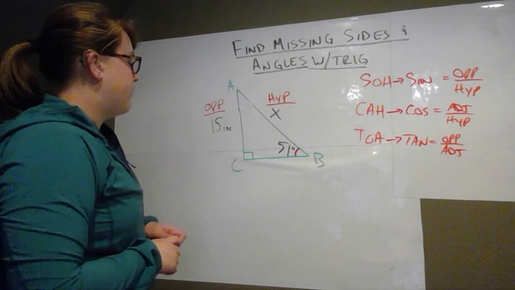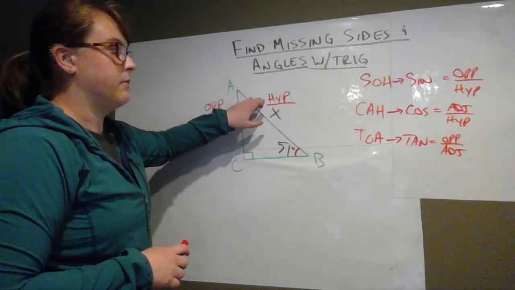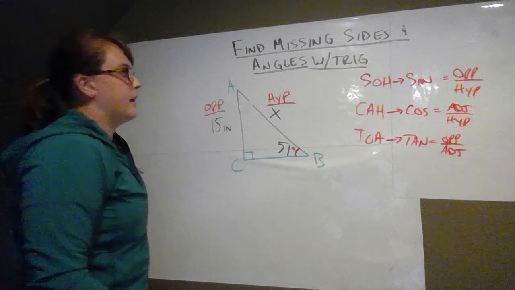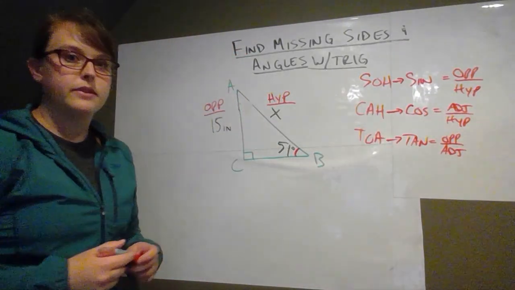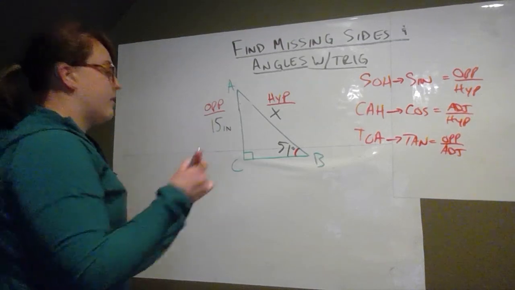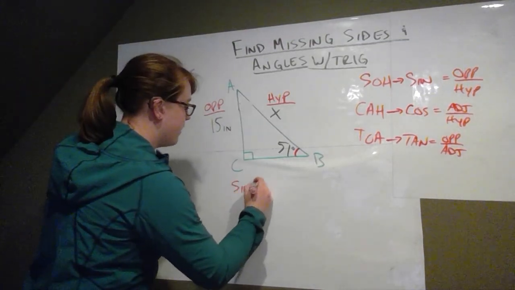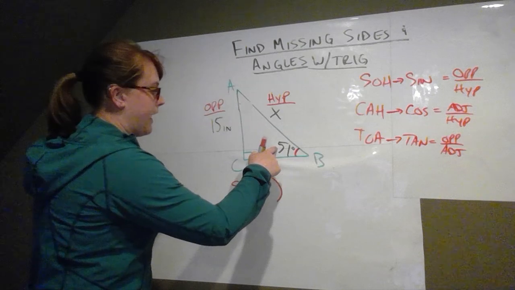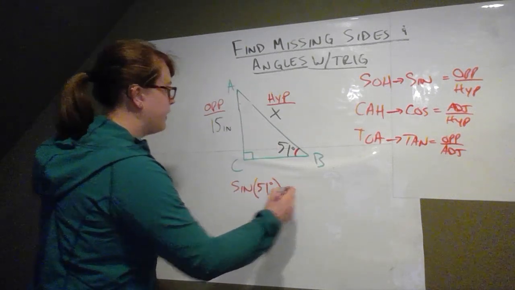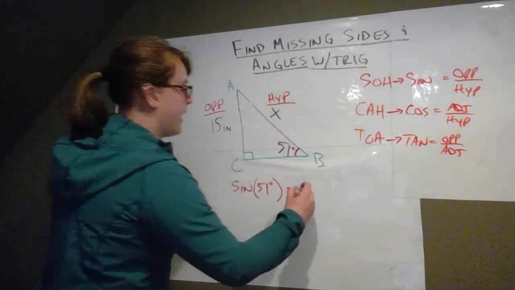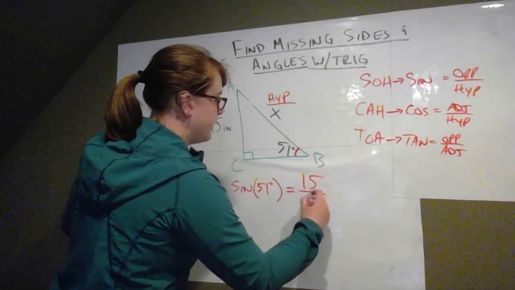So we have the opposite and the hypotenuse that we're worrying about here. And since sine is opposite over hypotenuse, I want to use the sine ratio. So sine of angle B, the angle always goes inside, so sine of 51 degrees equals 15 over x, since it's opposite over hypotenuse.